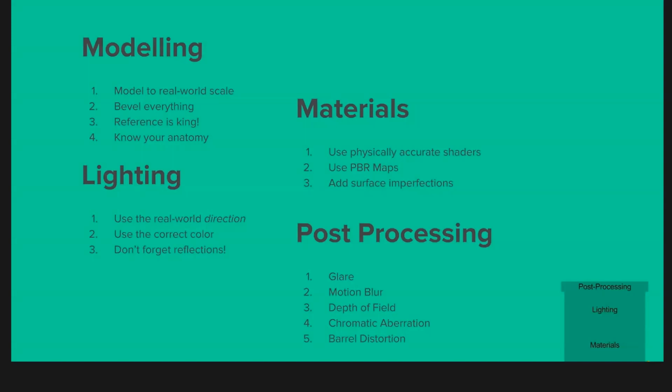Materials: use physically accurate shaders, use PBR maps, add surface imperfections. Lighting: use real-world direction, use the correct color, don't forget reflections. And post-processing consists of glare, motion blur, depth of field, chromatic aberration, and barrel distortion. It's a very important thing.